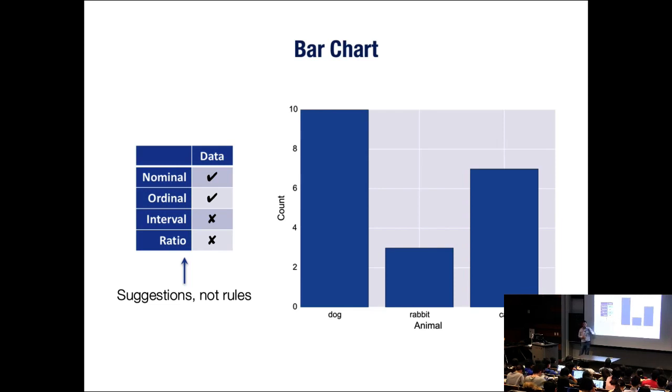So for example, one thing I frequently see in charts like this is people drawing lines between the tops of bar charts, which for this data is completely meaningless, because there's no notion of anything that happens in the middle here. What does it mean to show a line from dogs to rabbits? It doesn't mean anything.